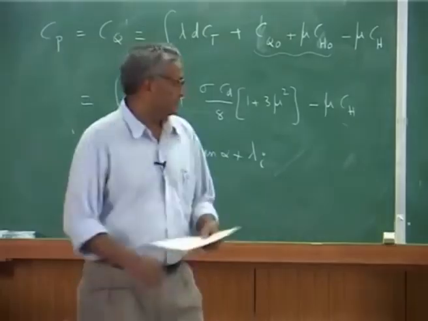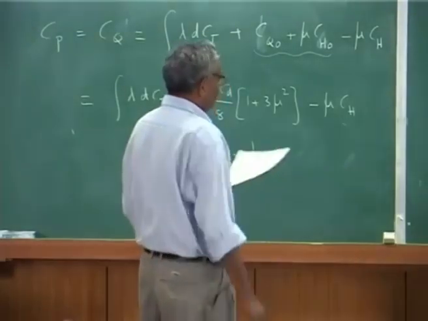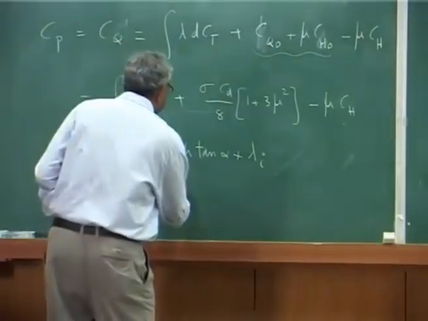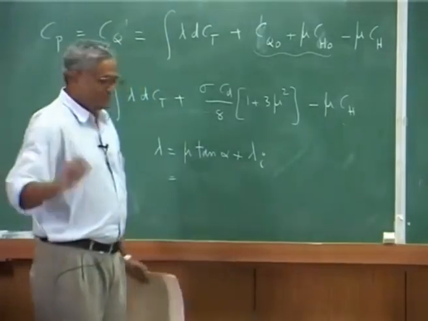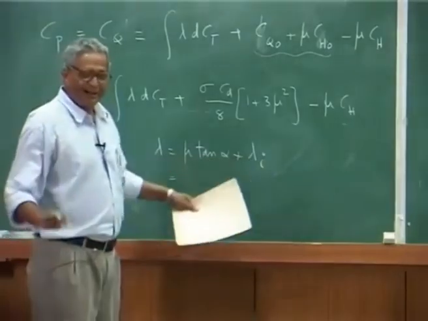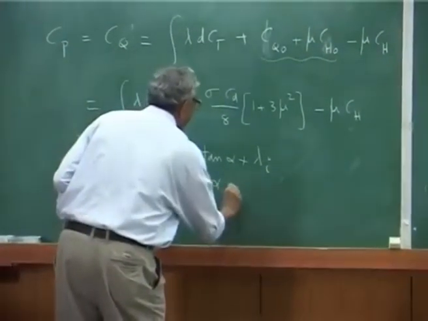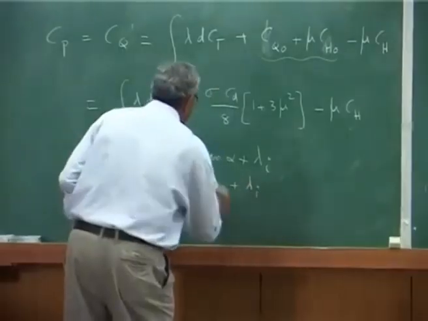Okay. Yeah. Now, here I will write, alpha is small. So, mu alpha plus lambda i approximately.